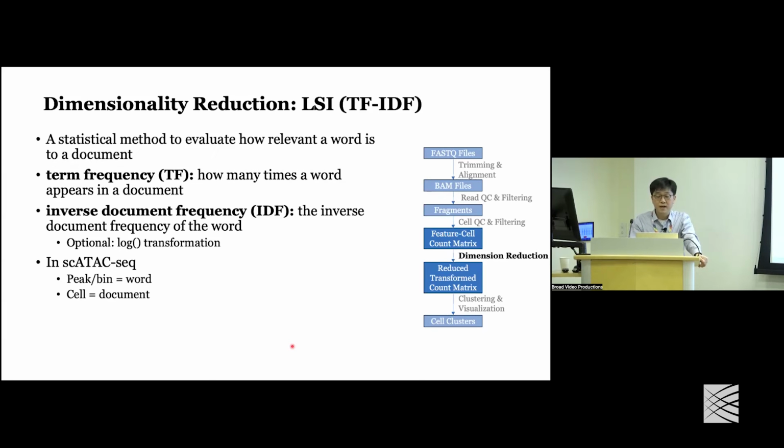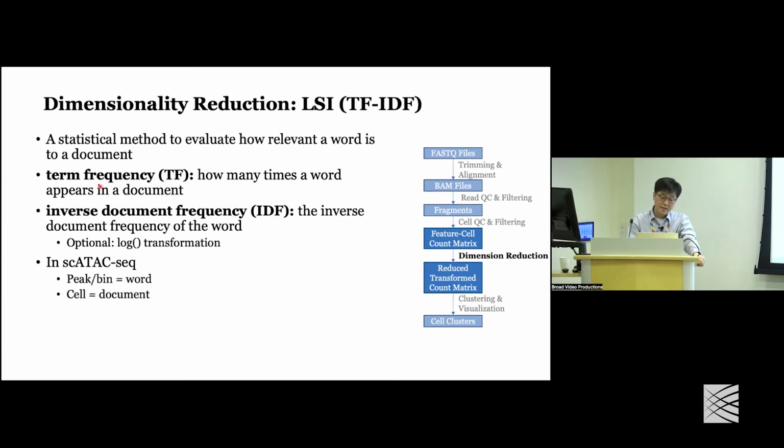So TF-IDF was originally developed in the field of natural language processing to evaluate how relevant a word is to a document that you're looking at. So all the terms are really relevant to language processing.